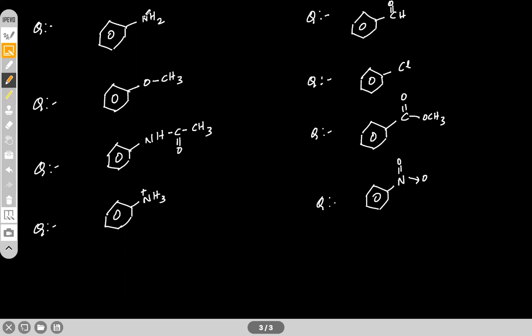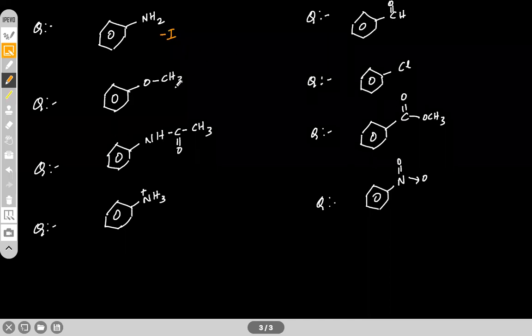Nitrogen is more. So obviously nitrogen drags the bond pair of electrons towards this side, so it shows minus I. Any doubt in this? Guys, respond. Minus I, no doubt.